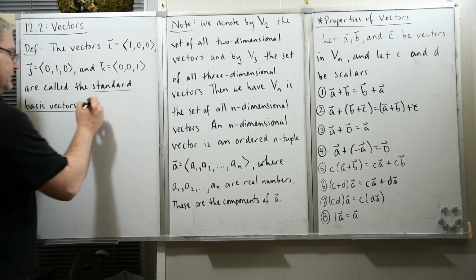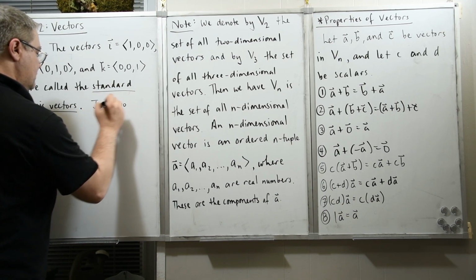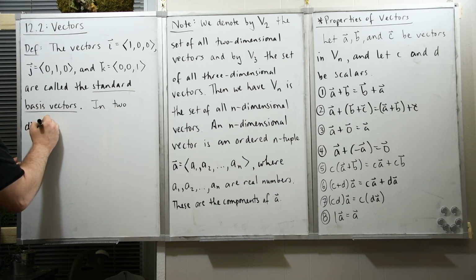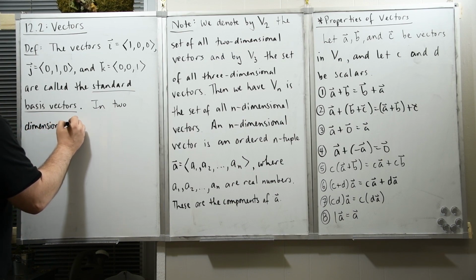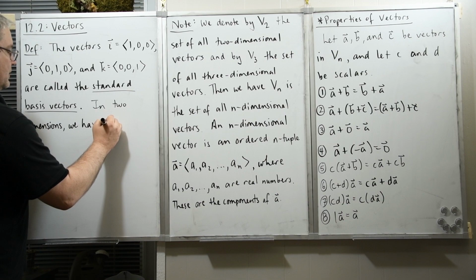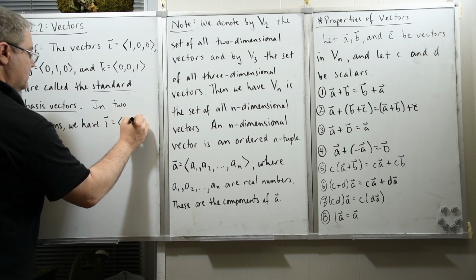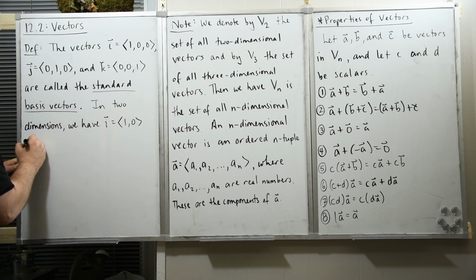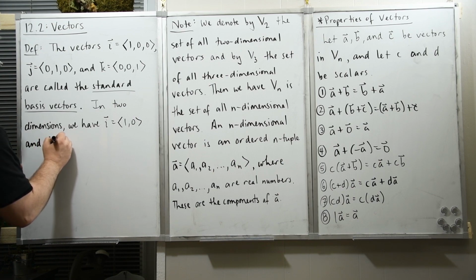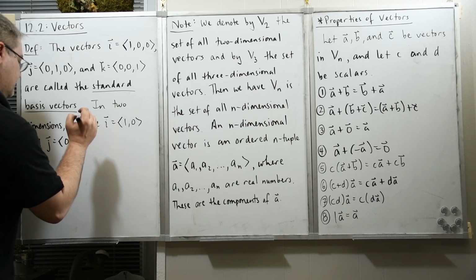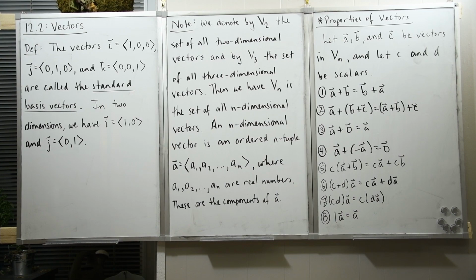But if we're in 2 dimensions, we don't have our K vector. We do have I and J. And vector I will have components 1 and 0. And vector J will have components 0 and 1.